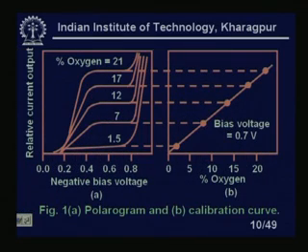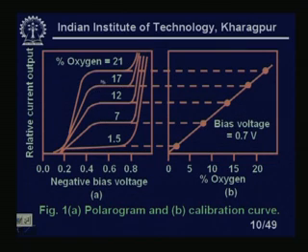Okay, this is our polarographic electrode. You see, this is a polarogram. This is the negative bias we are giving. As you increase the negative bias, you will find that the relative current output will increase. At some position you will find there is a saturation, and after that any further increase is a different thing.